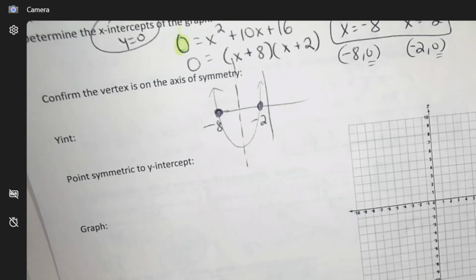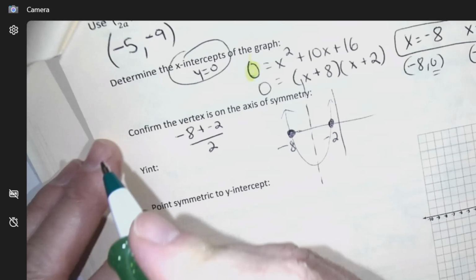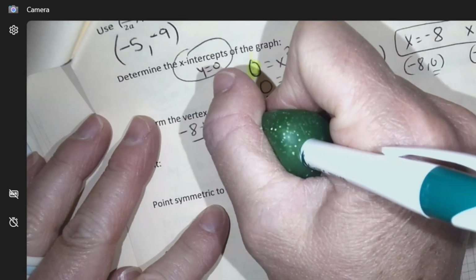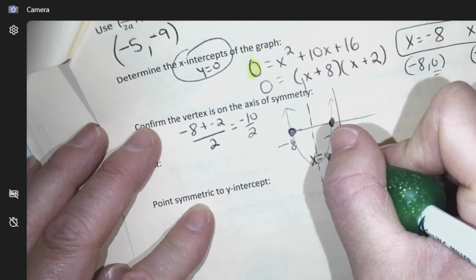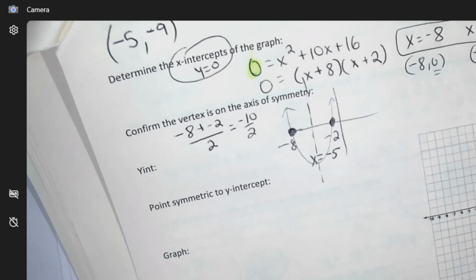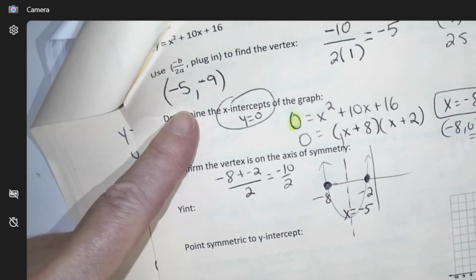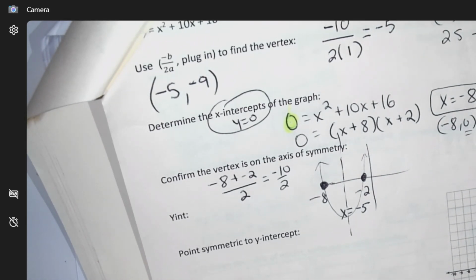So on a number line, what's in the middle of them? You could say, I'm going to add them and divide by 2 as an average. So what's in the middle? -5 is halfway between them. And look at that, vertex -5 was that number. So there's that relationship that always has to happen too.